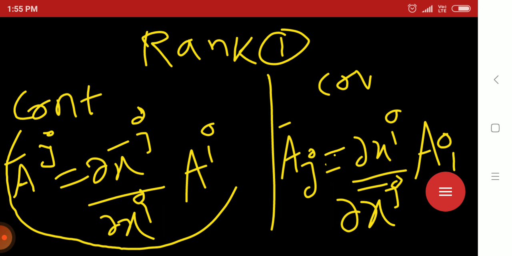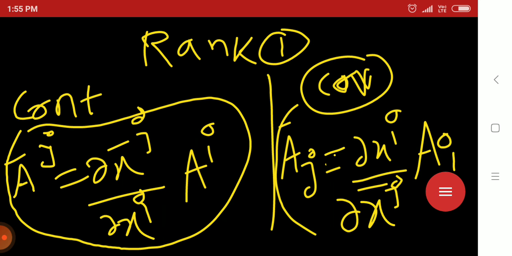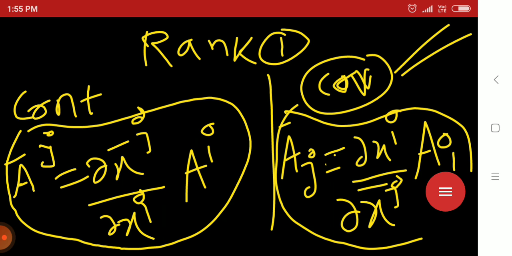When we compare, this is covariant and this is contravariant, of a rank 1 tensor.